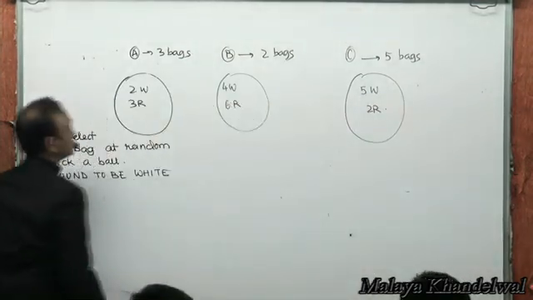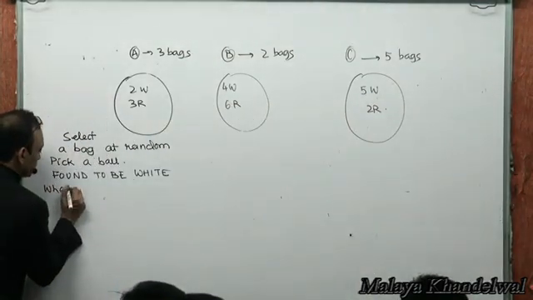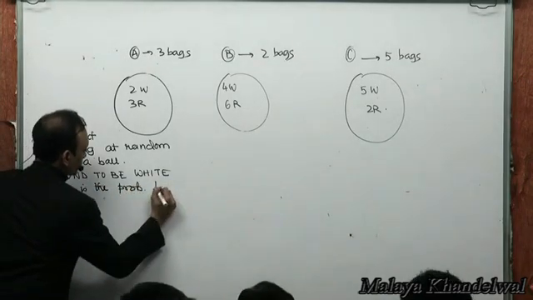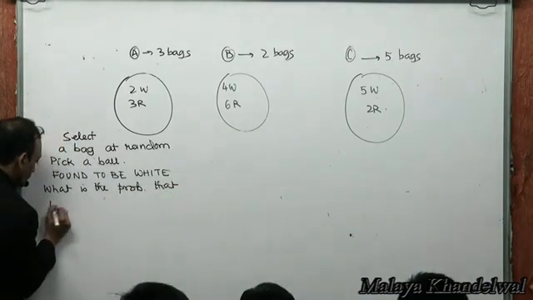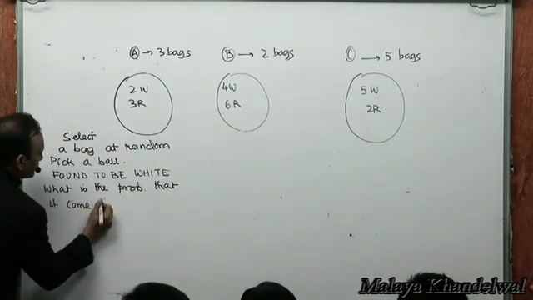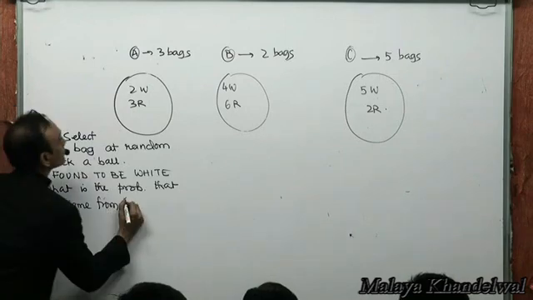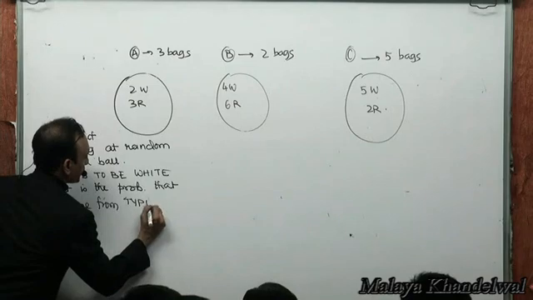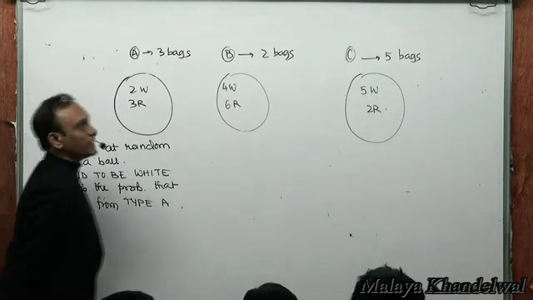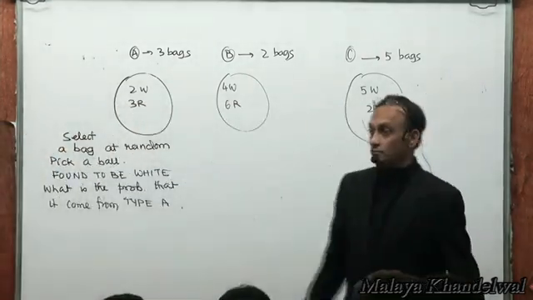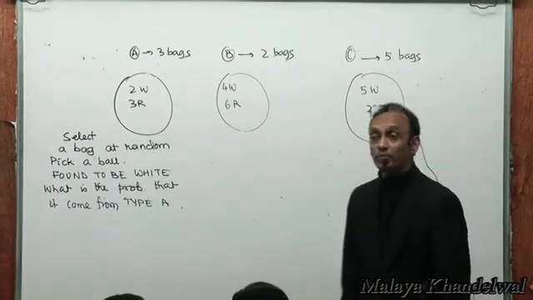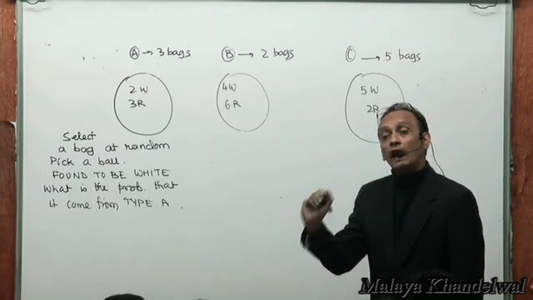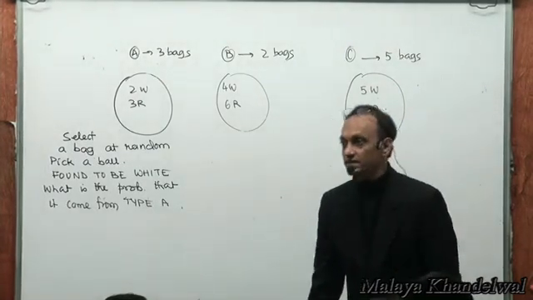Now, what is the probability that it came from type A? We want to find the probability that it came from type A. That means this time I have knowledge of the event.